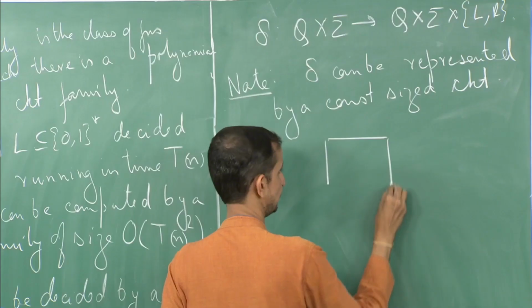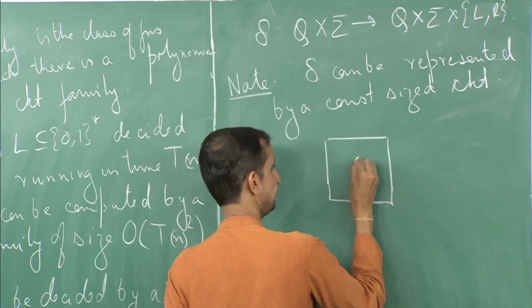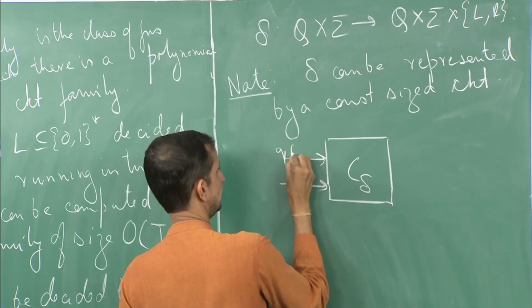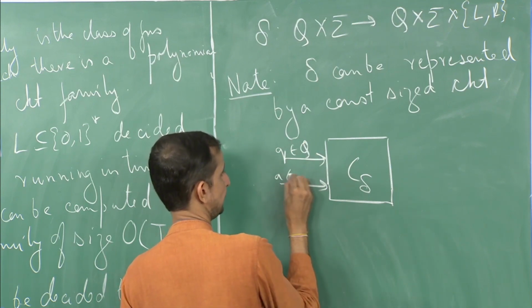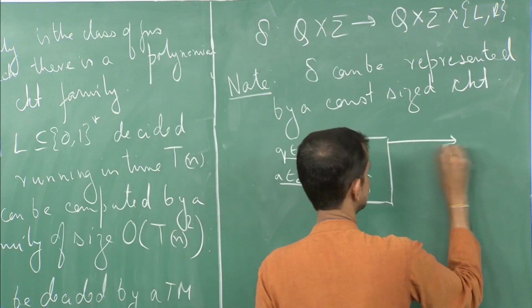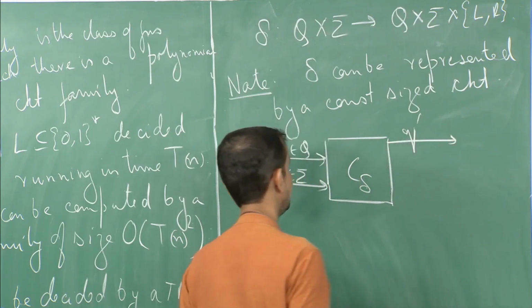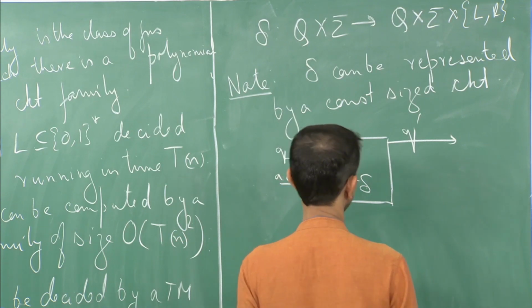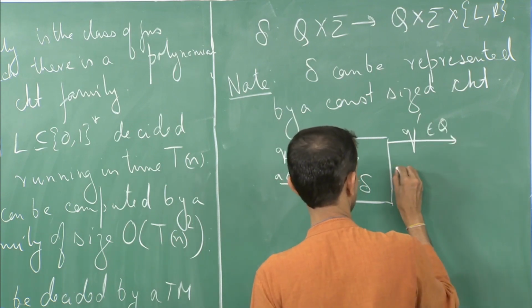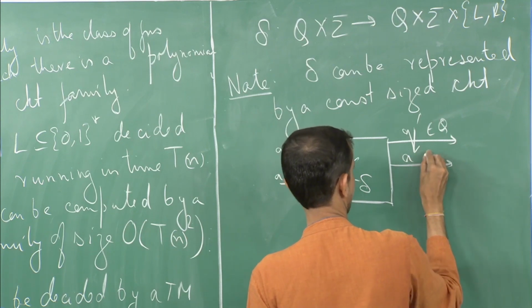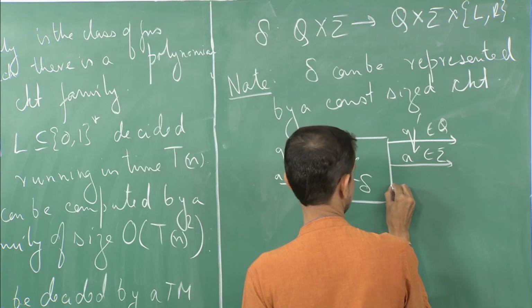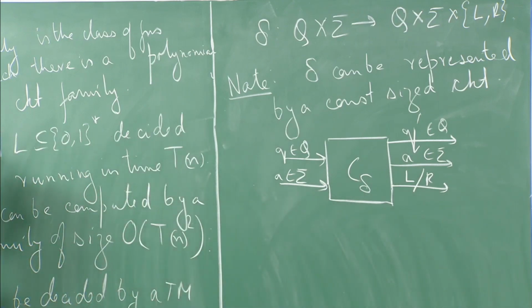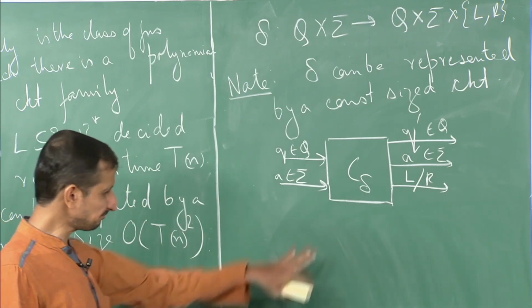So, essentially it is a circuit which looks like this. Let us call it C delta. C delta takes as input some q in Q and some a in sigma, and then it outputs the q prime corresponding to whatever delta is. So, it outputs a q prime in Q, an a prime in sigma, and a bit which says whether you have to go left or right.